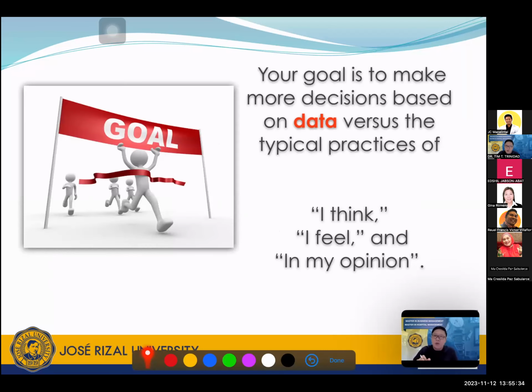Because our goal, being managers, being executives, is that we will be trained to decide based on data. Our goal here is to make you decide based on numbers. You fight with numbers, you decide with numbers, and you get away with the usual practice of decision making based on just what you think, what you feel, your opinion.